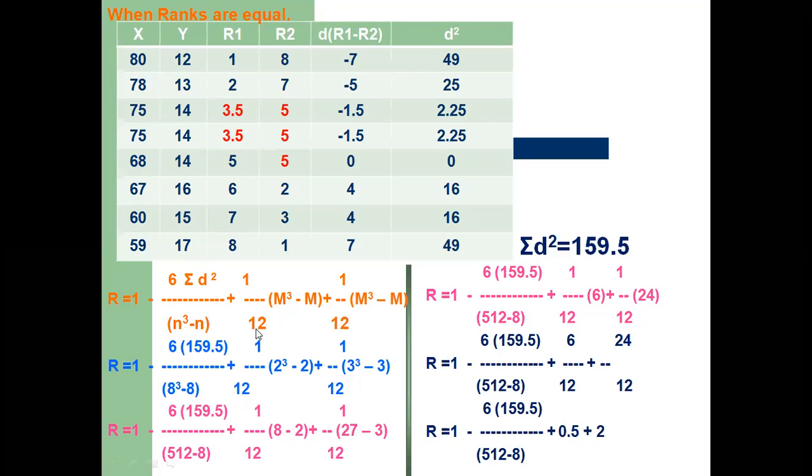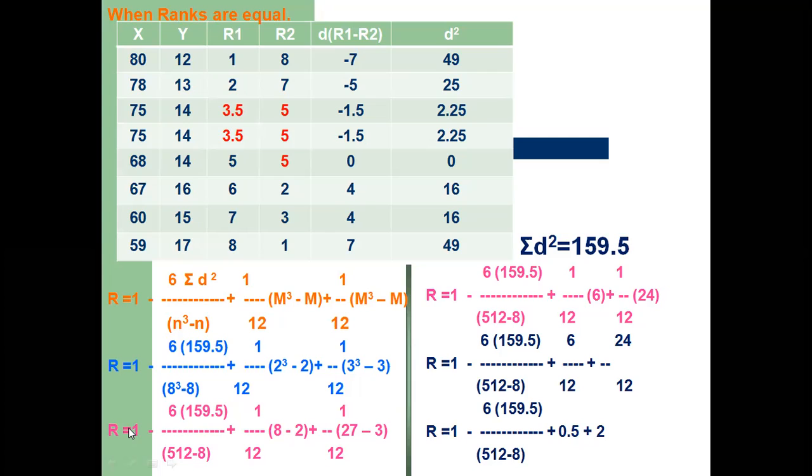In the first variable, the x subject, how many times are the marks repeated? 2 times, right? 75 and 75. That's why 2 cube minus 2, plus 1 by 12 into m cube minus m with respect to the second variable. How many times are the marks repeated? Same marks 3 times. That is 3 cube minus 3.